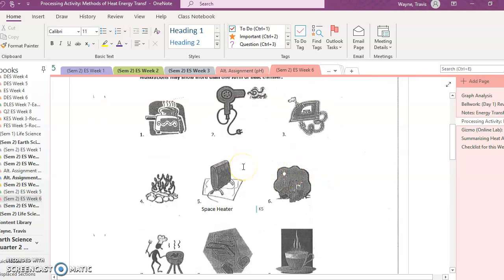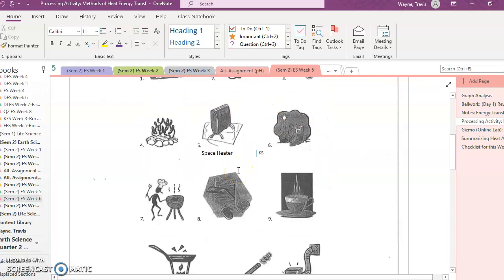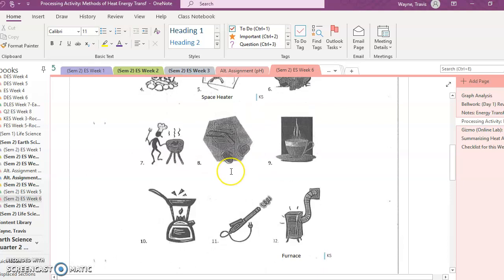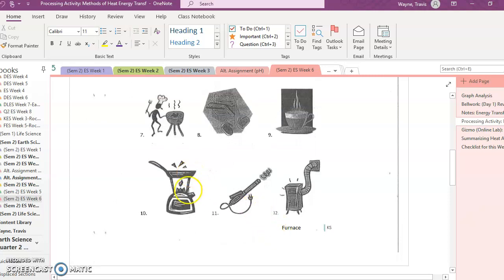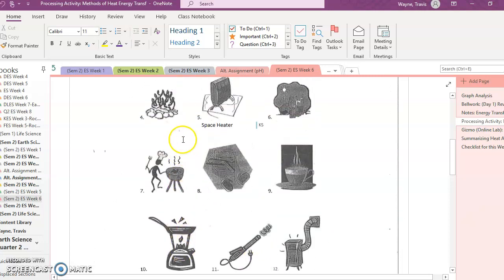Some of these images can have more than one answer. For example, one I like to look at is grilling on the grill. Depending on the picture, the main answer for this one is conduction.